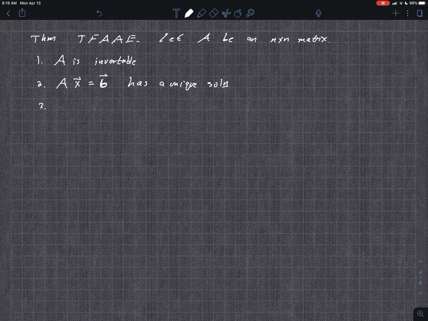3, the homogeneous system AX equals 0 has only the trivial solution. And then 4, A is row equivalent to the identity matrix, which makes sense because it's invertible. 5, A can be written as a product of elementary matrices, where each E is an elementary matrix.